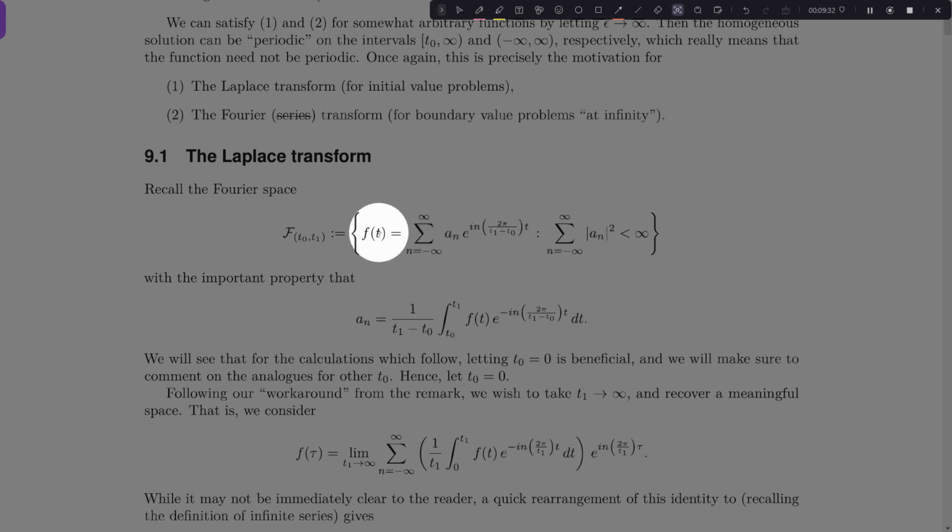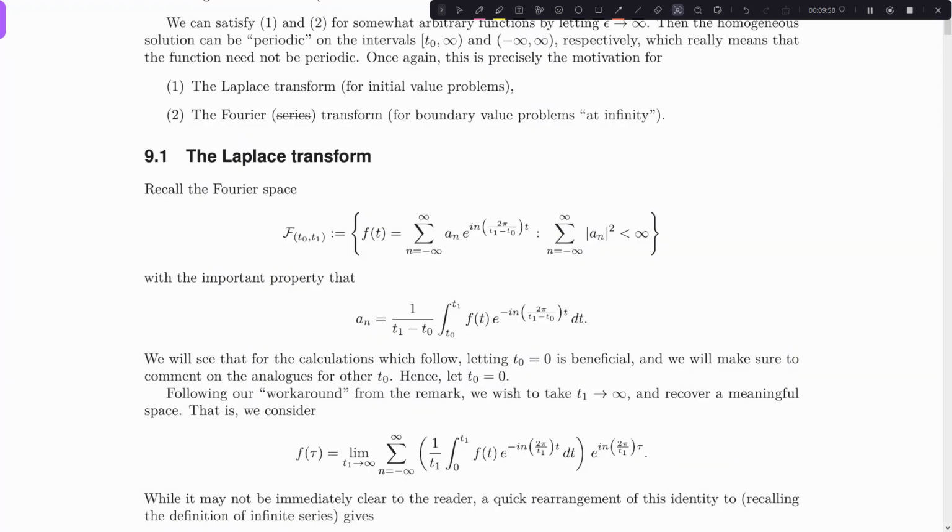So if I'm representing f of t with t1 going to infinity, there are 1, 2, 3, 4 places where it's going to push itself to infinity. Actually, I'm going to let t0 be 0 for some ease. We'll see eventually how to shift away from t0 being 0, but we should stick with t0 equals 0. So what I'm doing here is re-representing this expression.